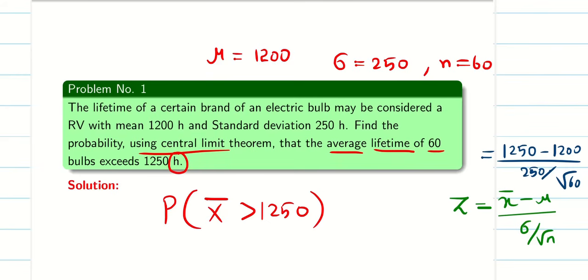Now you take your calculator and then you can directly write like this: probability of Z greater than the substituted value, and you have to find the value for this. It is going to be 1.55. You just use the calculator. That's it. Now let's go. What is 1.55?